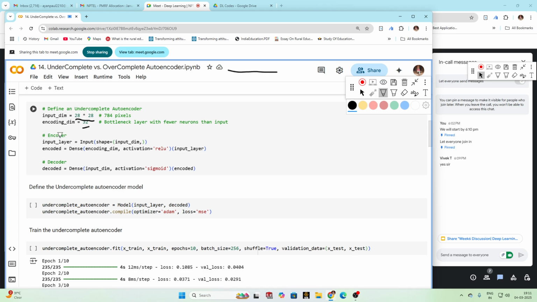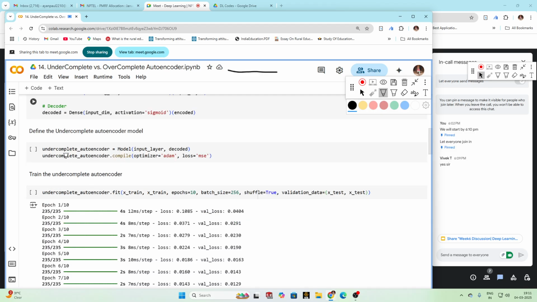Only the number of neurons in the encoding layer we have to change for an autoencoder. If we want an under complete autoencoder, then the number of neurons in the encoding layer will be less than the number of neurons in the input layer. So in the encoding layer, I have used 32 neurons.